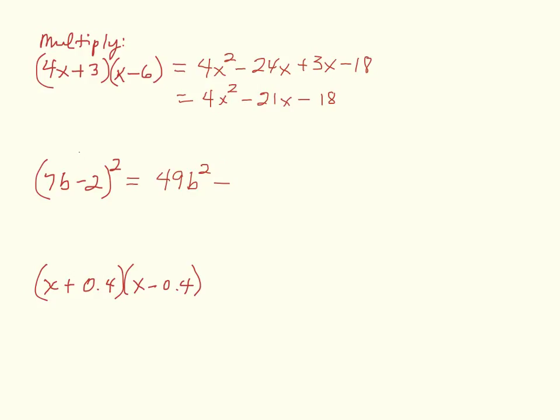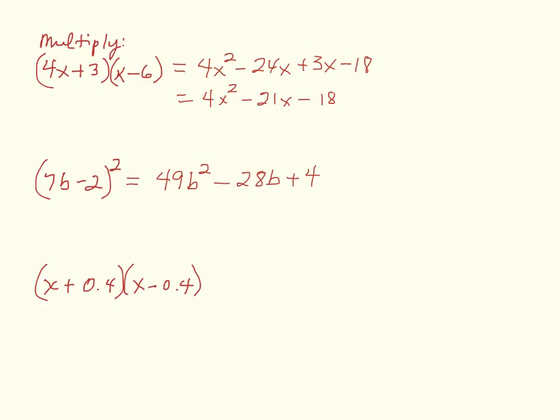Now we have 7b times 2 will be 14b, and then that is multiplied by 2, so that's 28b. Then we have plus 2 squared, which is 4. And there you have it. You've multiplied without FOILing. Remember, you can always go and FOIL if you want to, but knowing the pattern saves you time.